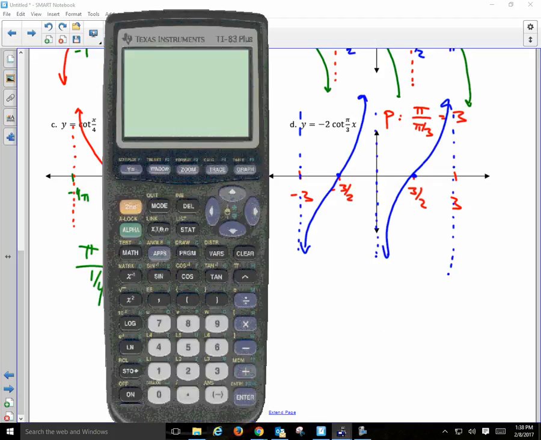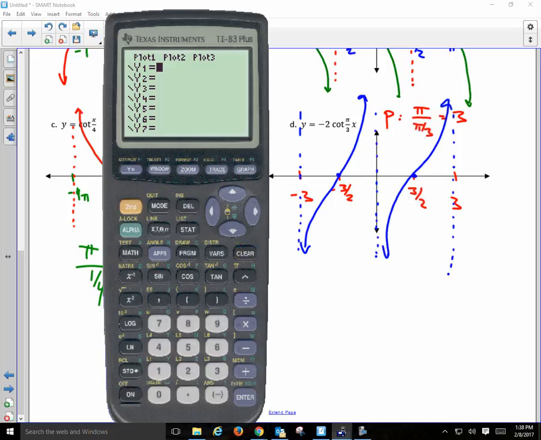As you consider entering this information in your calculator, you don't have a cotangent button on your calculator, do you? So instead of doing cotangent, you do 1 divided by tangent, or in this case, because it's negative 2 divided by tangent. And then you can plug in pi divided by 3 times x, and that will graph cotangent for us.